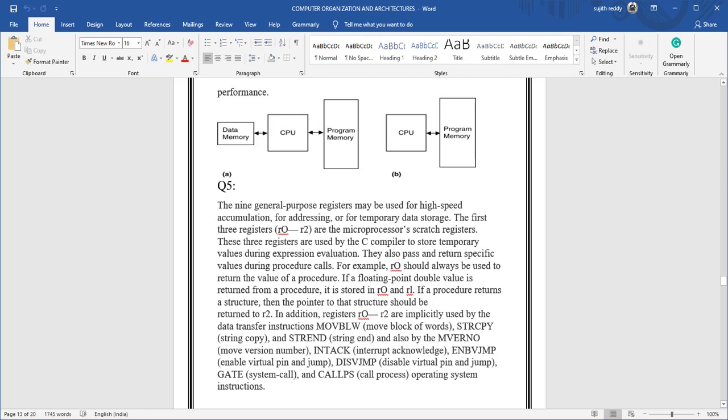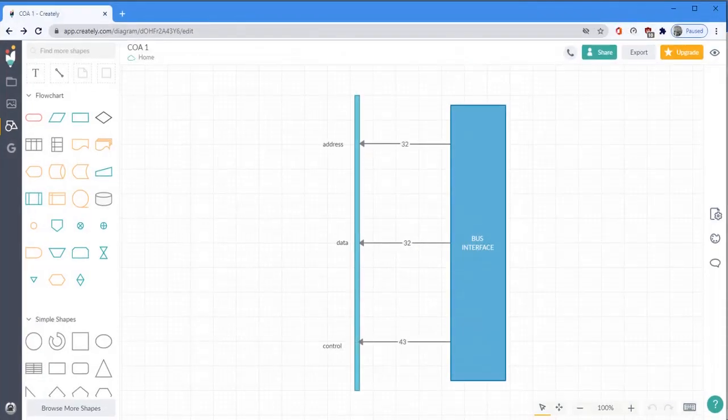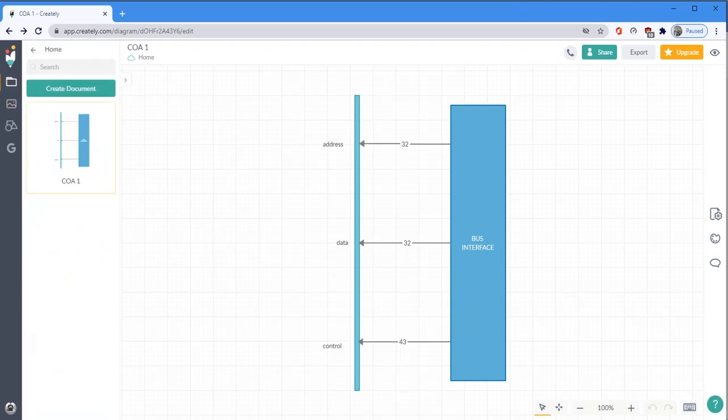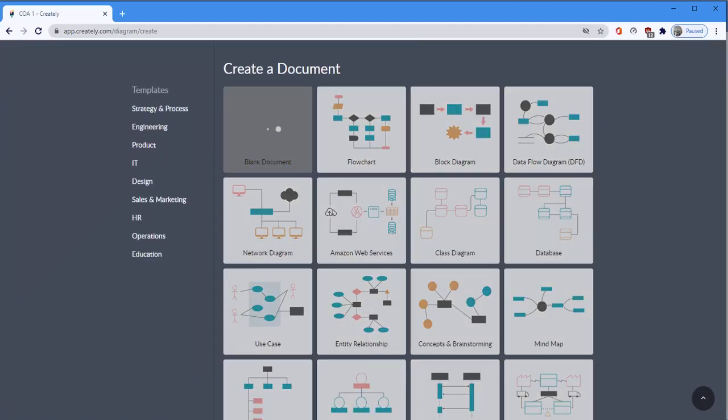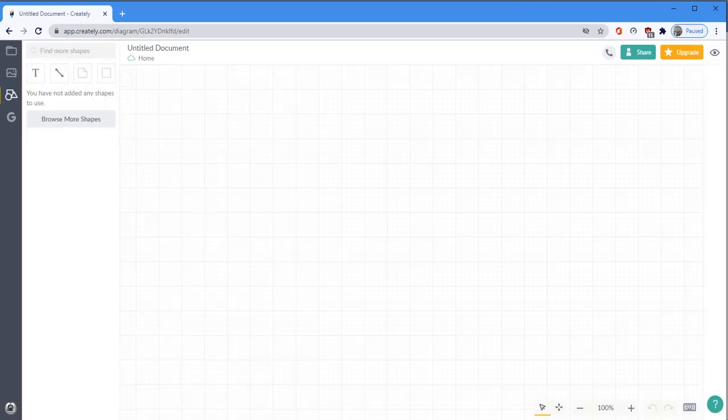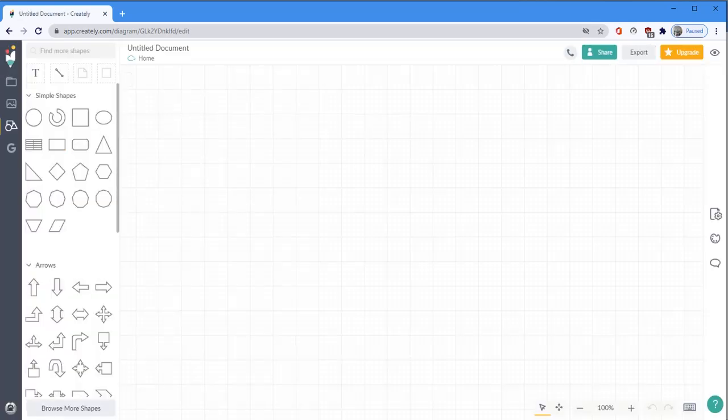You can also draw these diagrams using the tool which I was previously showing you. Just go here, folder, create a document. It's a blank document, and you can select squares this time.